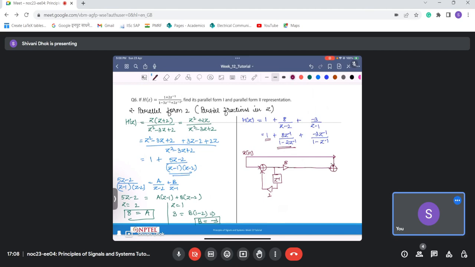This will get added like this. And another thing that I am having is this third block. So what I have is x(n) getting added with a delayed version with a unit gain, that is this one here, and it will be amplified by a factor of minus 3. This gets added here, and this is my y(n), this is my x(n).